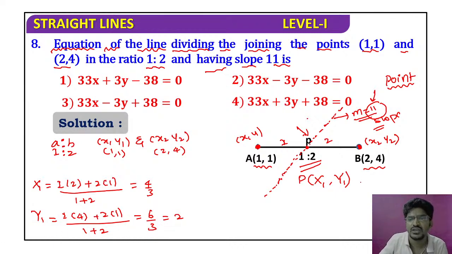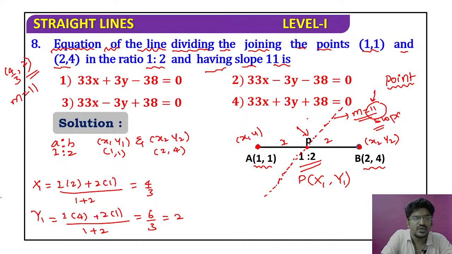So the point will be 4/3 comma 2. Now you have the slope m equal to 11 and the point 4/3 comma 2. Using this you have to find the equation of the line.